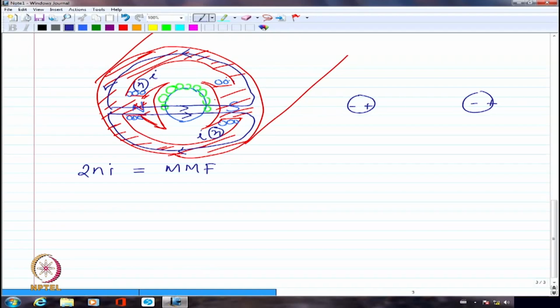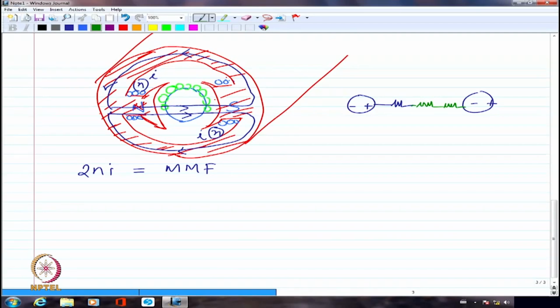And in between them, I should probably show, first of all, the reluctance of the pole itself. Right? Then I have to include the reluctance of the air gap. Then the reluctance of the pole again. Right? Or I should also include the reluctance of rotor. So multiple number of resistances will come.